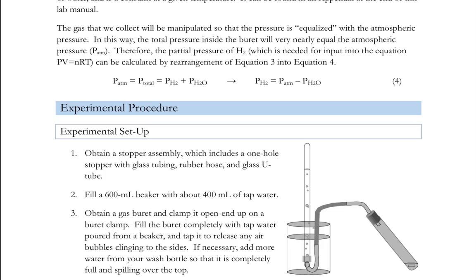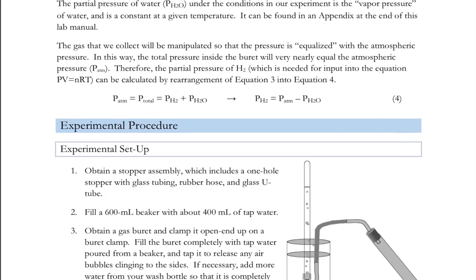So the pressure of H2 equals the atmospheric pressure minus the vapor pressure of water. The atmospheric pressure we will measure in the experiment, and the vapor pressure of water, we will look that up in the appendix. It depends on temperature, so we'll measure the temperature of the water, which we assume is the temperature of the gas in our burette, and look up in the appendix the vapor pressure of water at that temperature. Subtract those two and we have the pressure of H2.